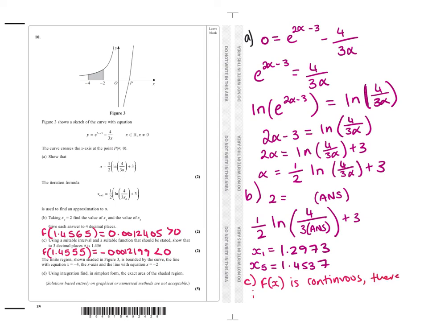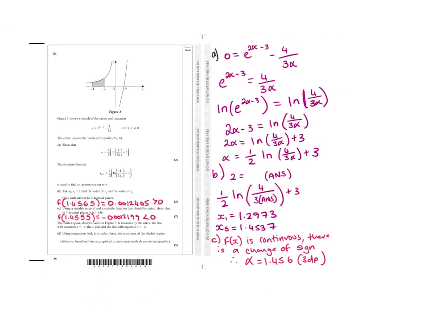There is a change of sign, therefore alpha equals 1.456 to 3 dp. Perfect. Okay, and then lastly we've got 5 marks, not 5 parts.